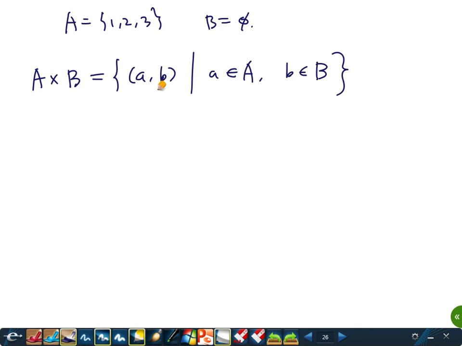There's nothing. An element is in this set only if you can do this. There's nothing here because you cannot select anything from B. So it has nothing in it. This is by definition. I didn't use any intuition or clever idea. I just follow the definition and it is just clear from the definition. So the empty set, or this kind of statement, is very confusing the first time. So in that case, just go back to the definition and follow the definition.